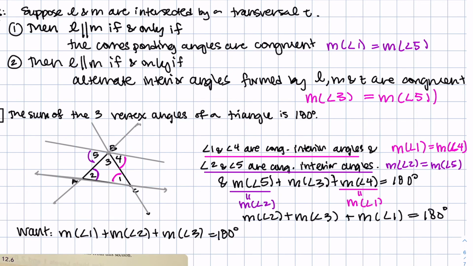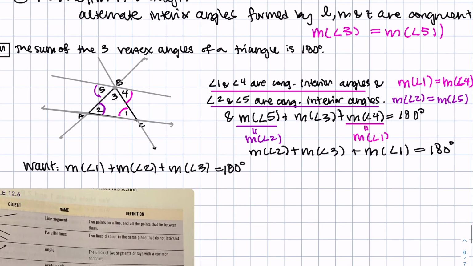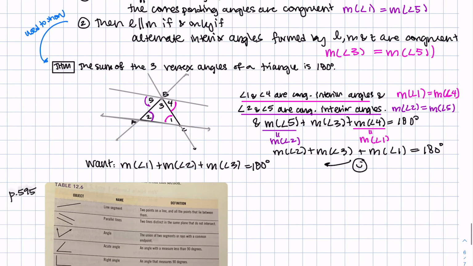That is exactly what we wanted, right? So the sum of those interior angles of the triangle is 180 degrees.